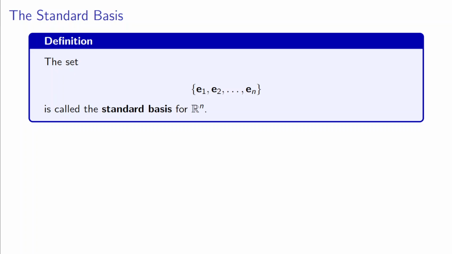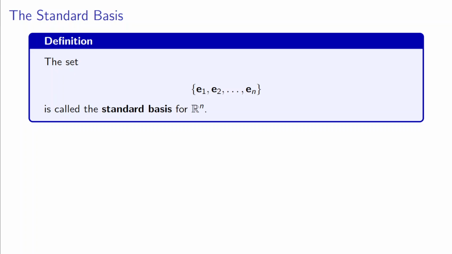But I will point out here that there are infinitely many sets that span all of Rn. So there's not necessarily anything super special about this particular basis. There are infinitely many sets that span all of Rn and are linearly independent, that would form a basis.